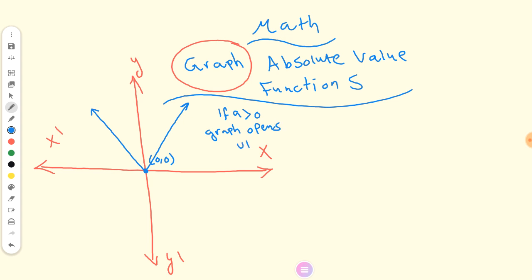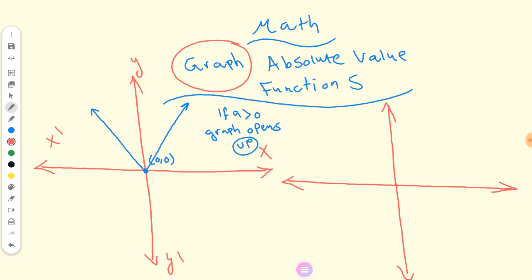Opens up. And another one, if I have the two axes like this, with the origin point or starting point, the V will open down like this. This is also V. When?